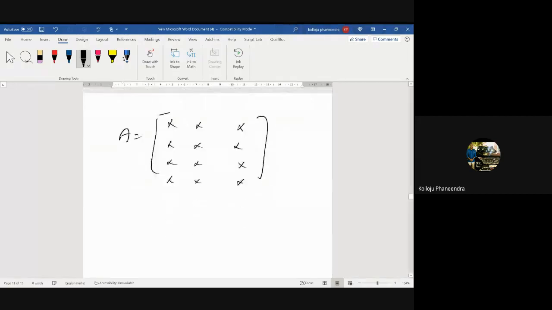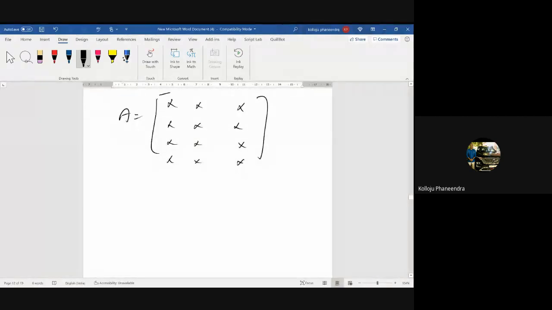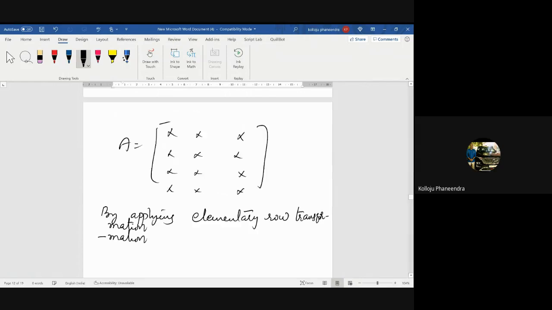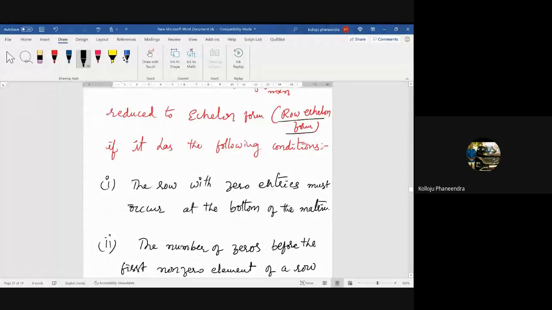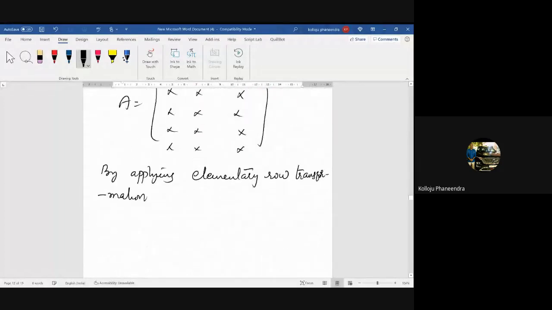By applying elementary row transformations, always apply only row transformations, not column, for echelon form. That is why this is named row echelon form. Row echelon form means the matrix is reduced to echelon form by using row transformations only. No need to apply any column operation.